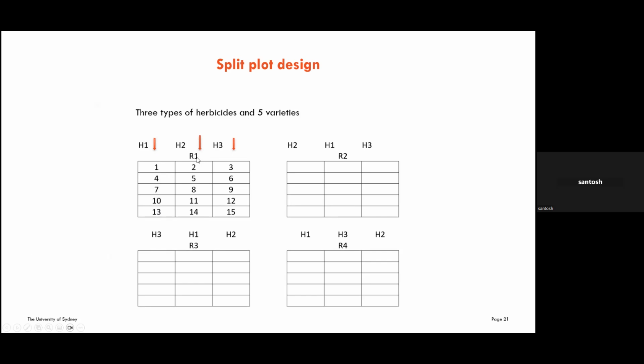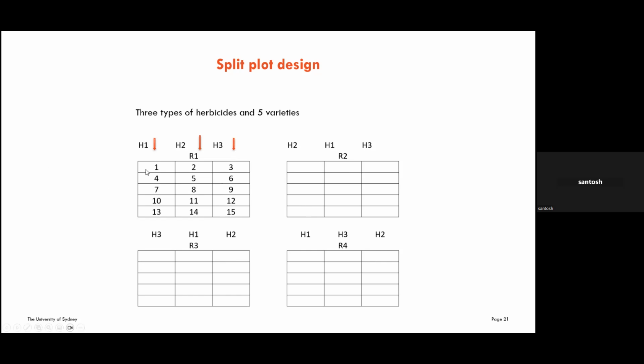Here a different type of herbicide, the same herbicide throughout, and same thing here, a different herbicide, but different varieties of wheat. So what you do is you can have replications, 3, 4, as many replications as you can handle. So it is doable in this kind of experiment.